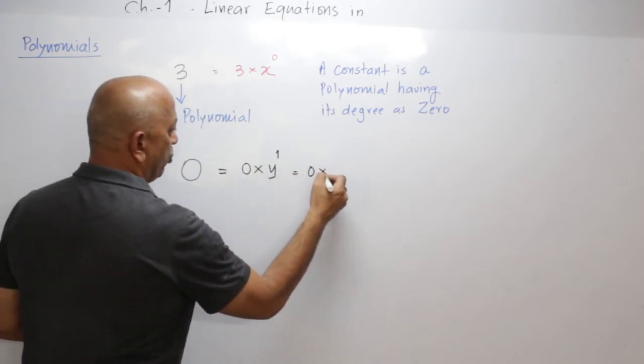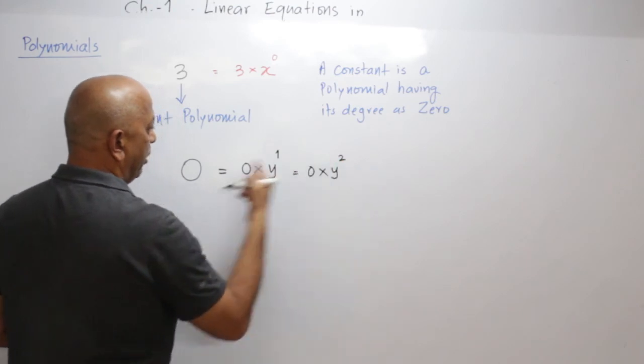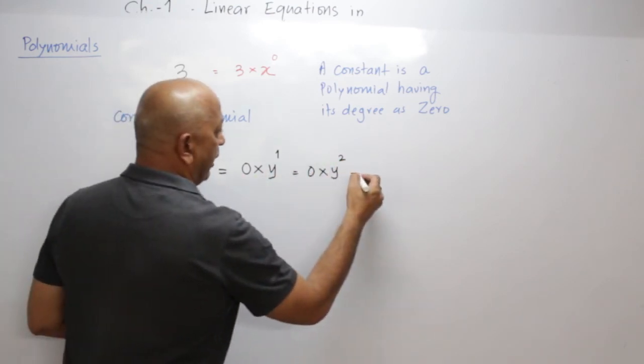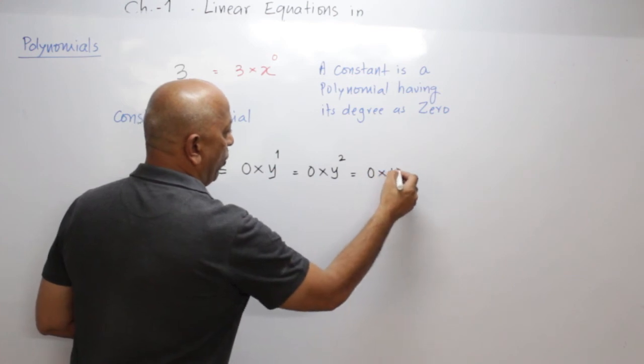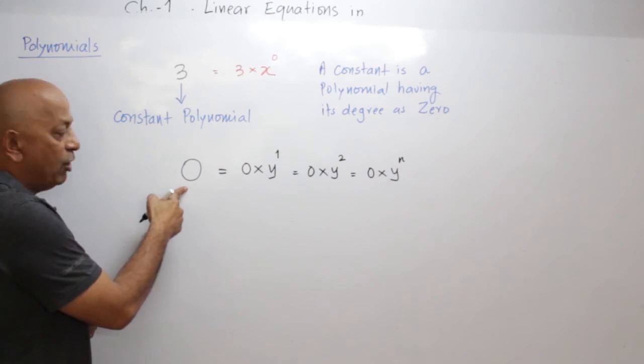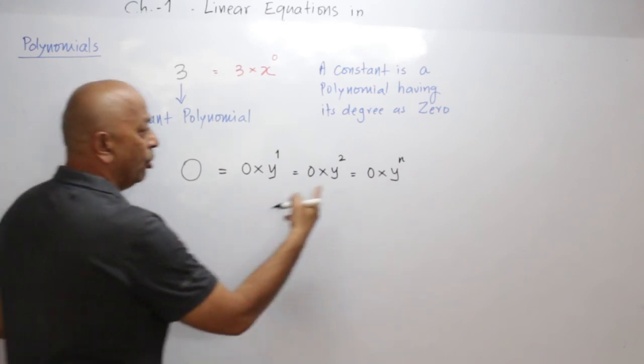Even 0 into y raised to 2, this also will become 0. So even I can write 0 multiplied by y raised to n, the value of the polynomial will become 0.